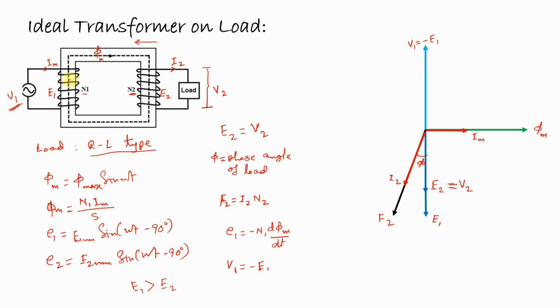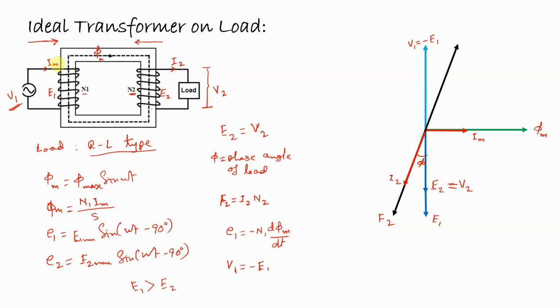So in this case, a phenomenon will happen in the transformer. An extra magnetomotive force will be developed in the primary side, and the magnitude of this extra magnetomotive force will be equal but opposite to the magnetomotive force which is developed in the secondary side. Remember, this magnetomotive force is other than the magnetomotive force which is produced because of the current Im.